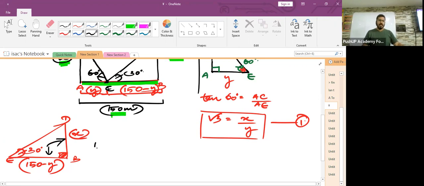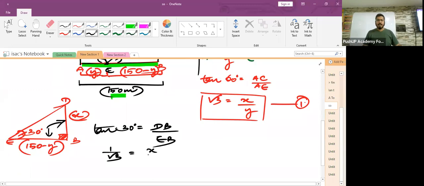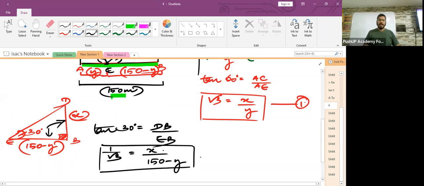All right. So do it along with me, children. Tan with reference to 30 degrees equals opposite DB divided by adjacent EB. Tan 30 is 1 by root 3, which is equal to DB, which is X, divided by EB, which is 150 minus Y. Put it within a box and label it as equation number 2.